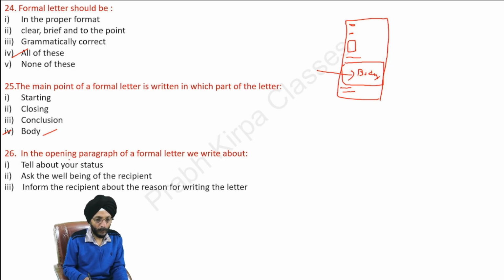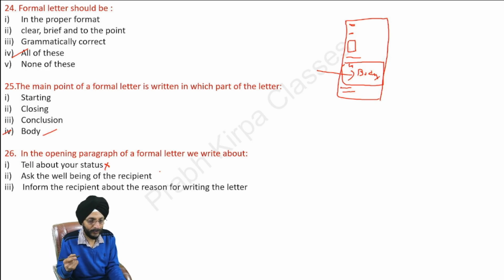Next, in the opening paragraph of a formal letter, what do we write about? It may be in three paragraphs, one, two, three. In the first paragraph or opening paragraph, do we tell about our status? Wrong. We do not tell about the status. The other person, who is the police commissioner, may not be concerned at all about your status.